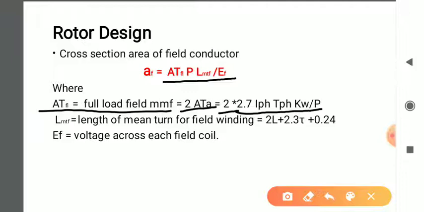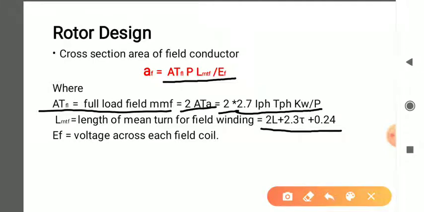So by using this expression, we can find the full load field MMF, where LMTF is known as the length of mean turn for field winding, and it can be calculated by using the expression 2L plus 2.3 tau plus 0.24.